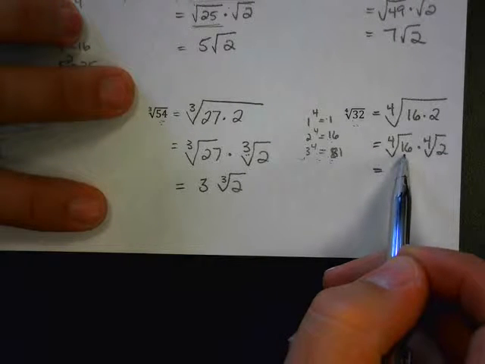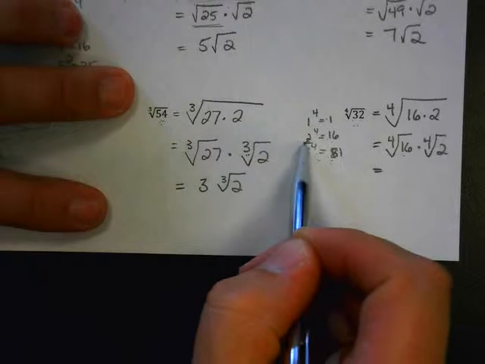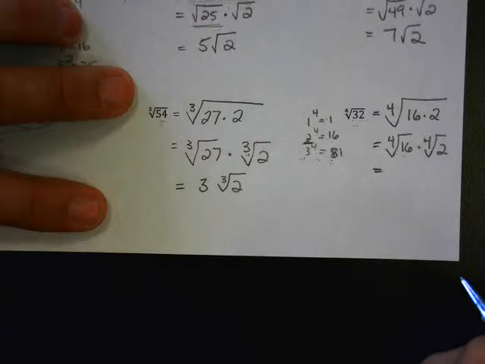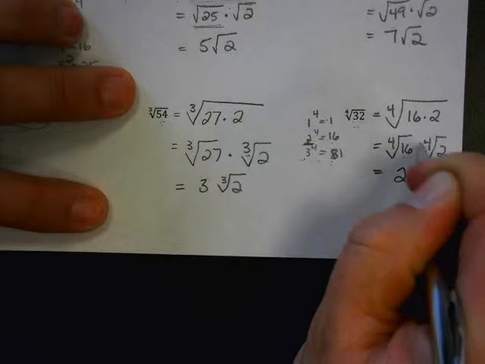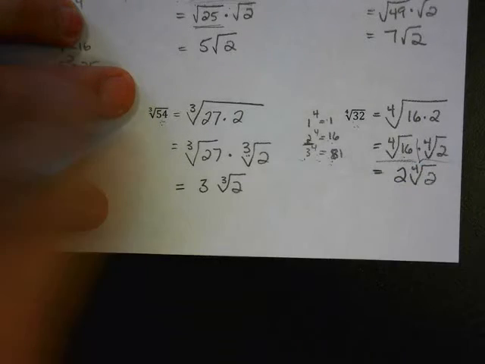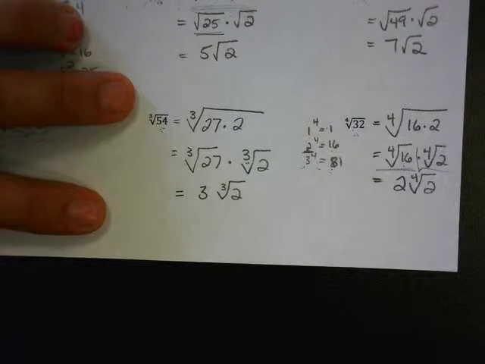What's the 4th root of 16? The 4th root of 16 is 2. The 4th root of 2 is left; this one we can't simplify. But it's 2 times the 4th root of 2.